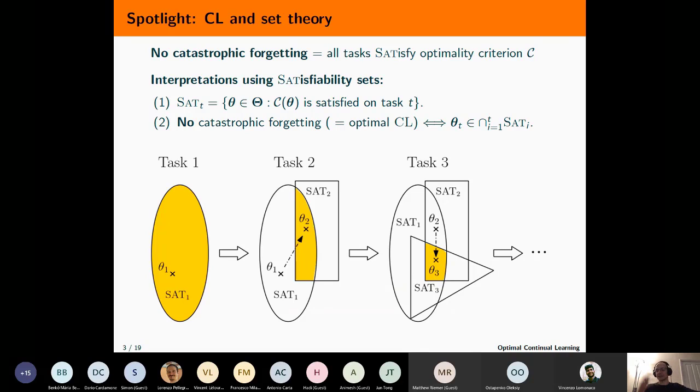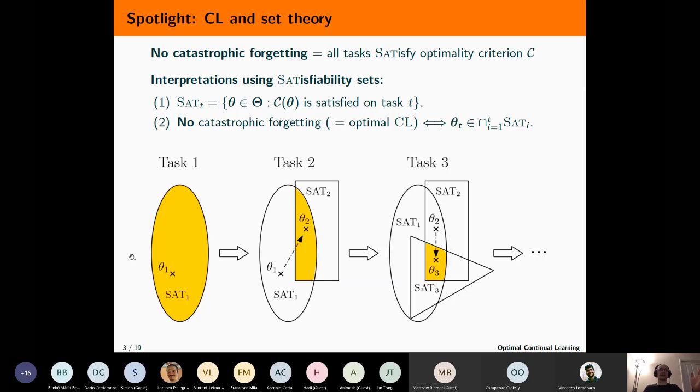So let's say some absolute bound on the error that is satisfied on all parameter values in this set. And we call these sets satisfiability sets because your optimality criterion is satisfied on these. And what you can essentially show is that an algorithm that does not suffer catastrophic forgetting has to follow a sequence of intersections of such sets, right?